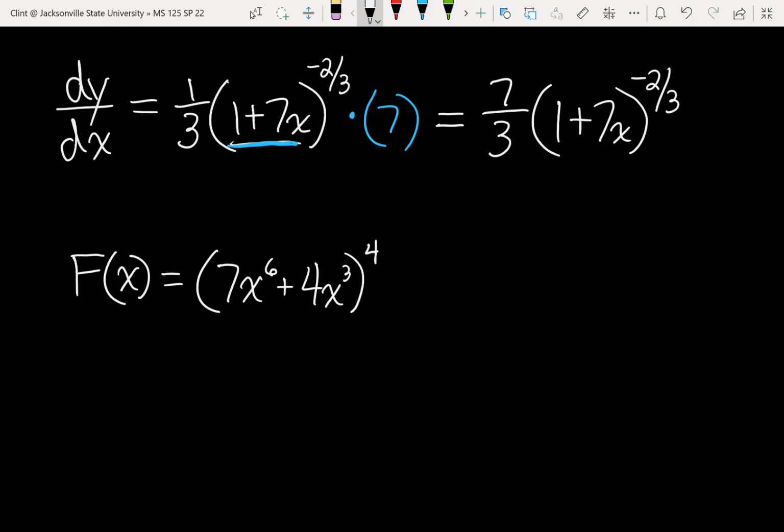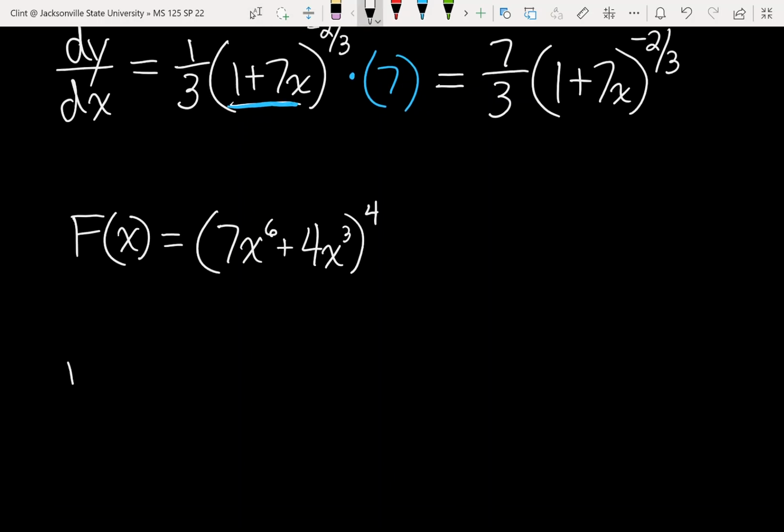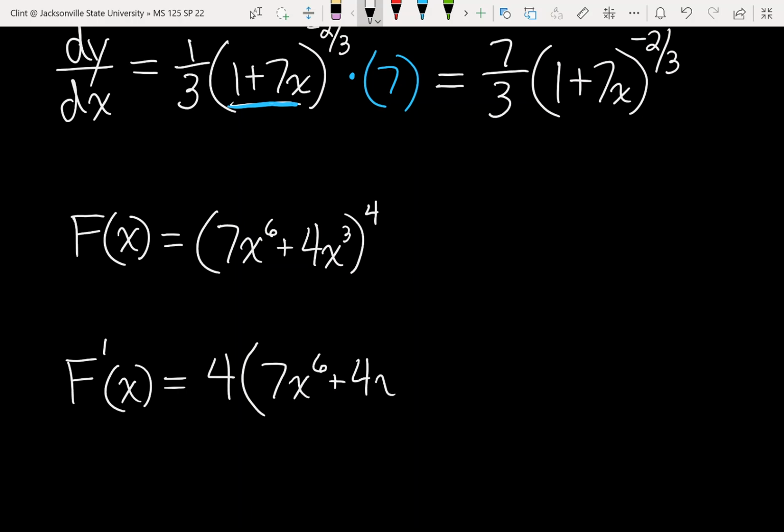Now we have an inside function and an outside function. So we need to use chain rule. So we can multiply the 4 out front, leave the inside alone. Subtract 1 from the exponent. And then find the derivative of the inside portion.